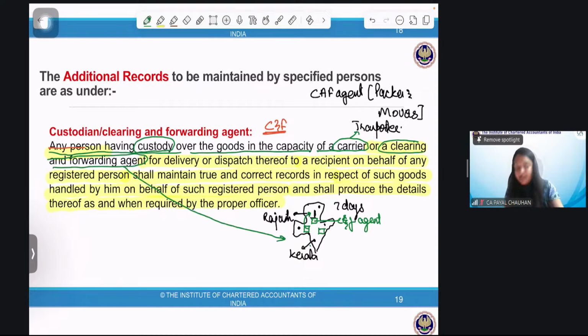Did you understand both the words? See, there are words for two things. One is a carrier, and if it is a carrier, then it is a transporter. And the second is a clearing and forwarding agent, and that is what is known as C and F. Understood? Both the words?